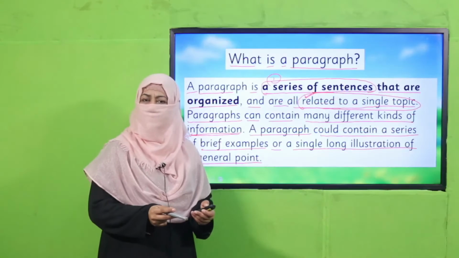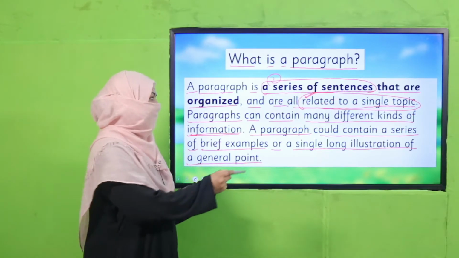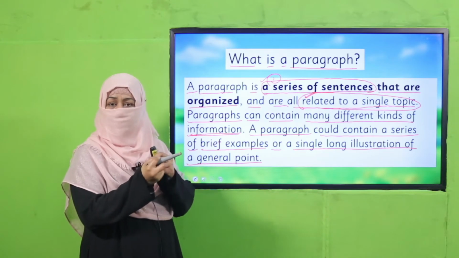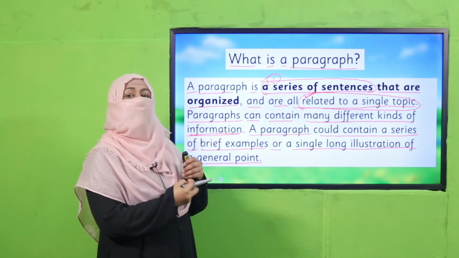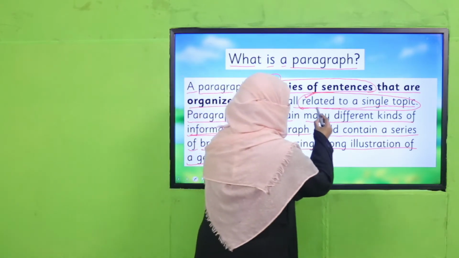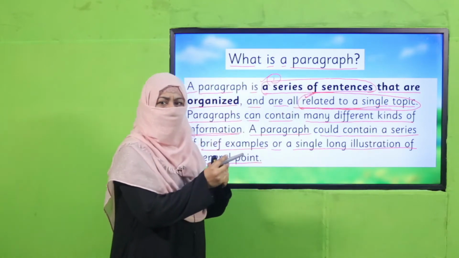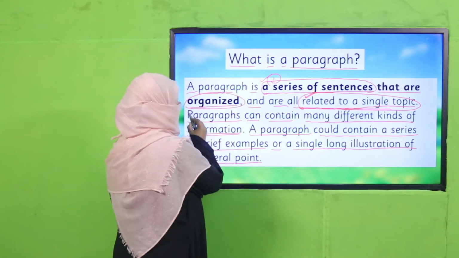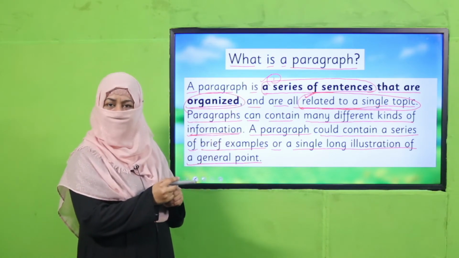These are the characteristics of a paragraph. So one thing, it is a series of sentences, means more than one sentence we join together. And how do we join them? We take a topic, and related to that topic, we gather the information and we organize it. It becomes a paragraph. Okay.